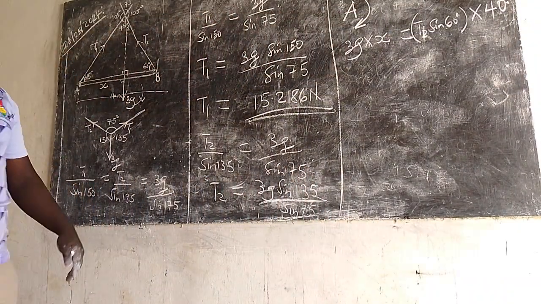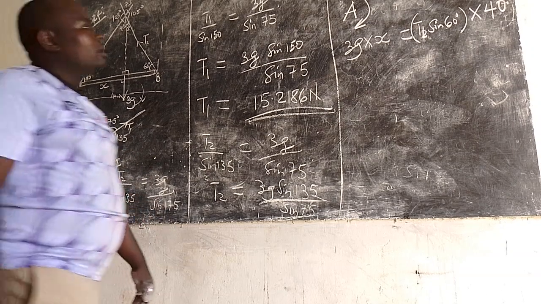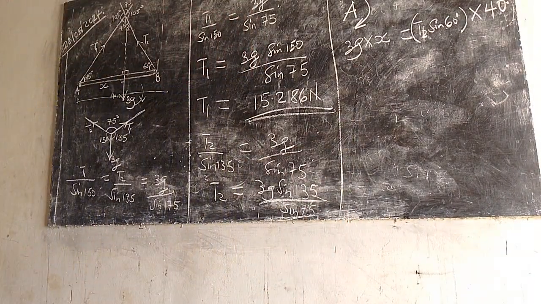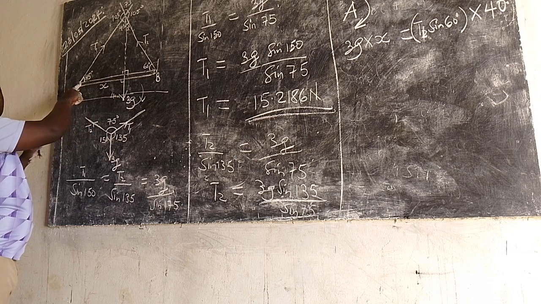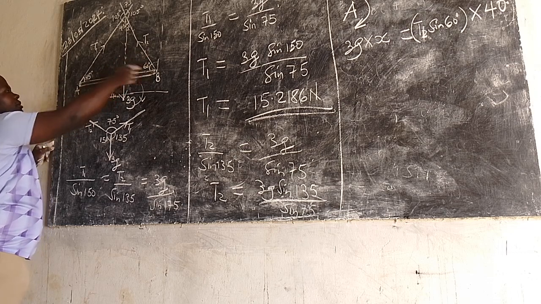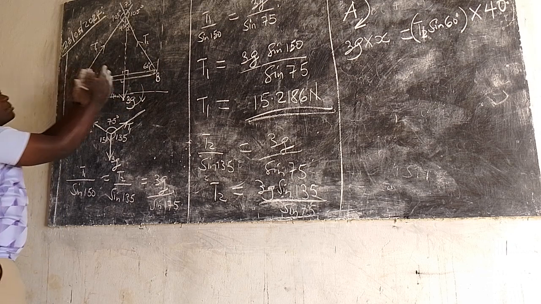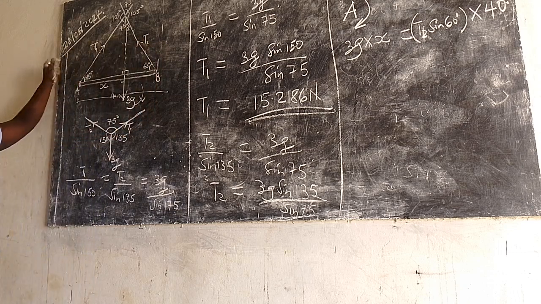The rest is algebra. We have T2, don't we? 3g times x is equal to that times that times this. I am bringing all of them at point A. I bring this to point A. I bring this to point A. I'm basically taking moments at A because it's in equilibrium.